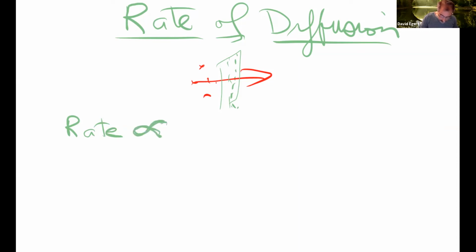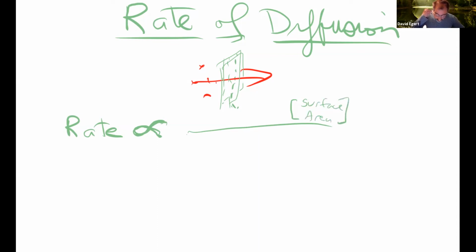So rate is proportional to what? What things are going to affect the rate of diffusion? Surface area. One is going to be the surface area. The concentration gradient. Let me actually start writing this down here.